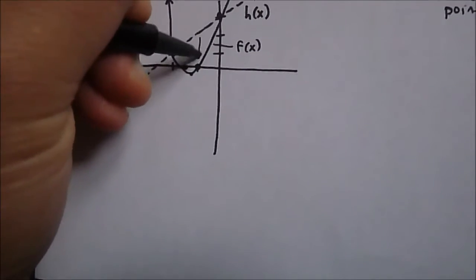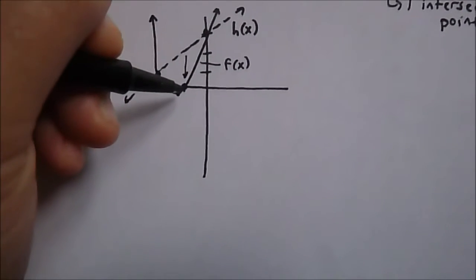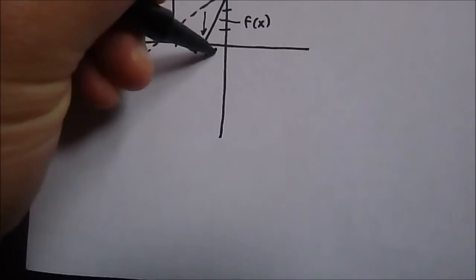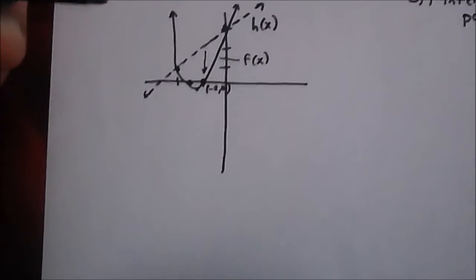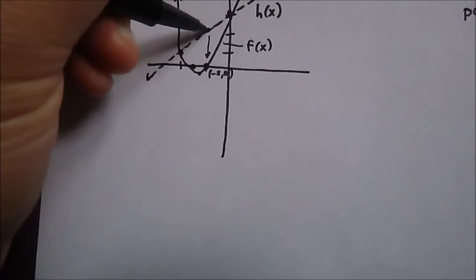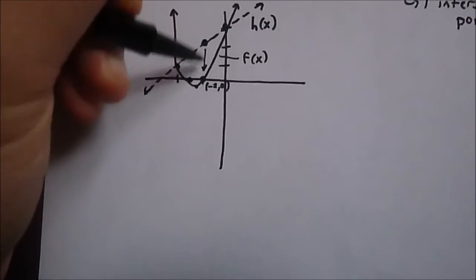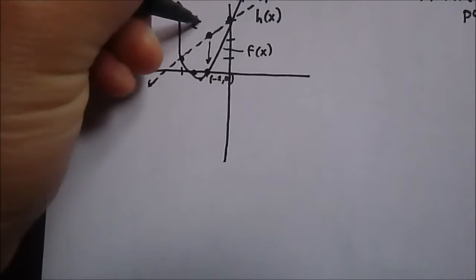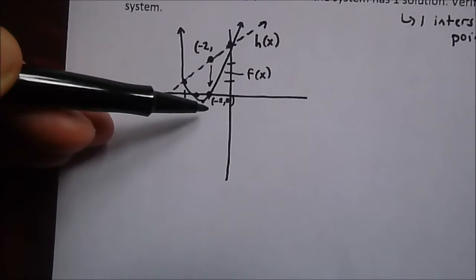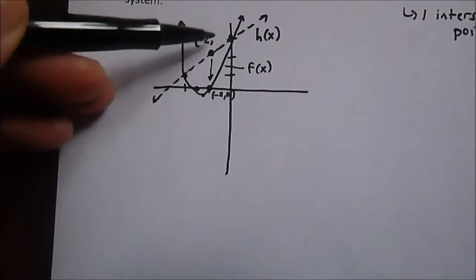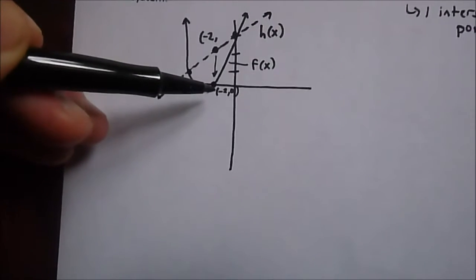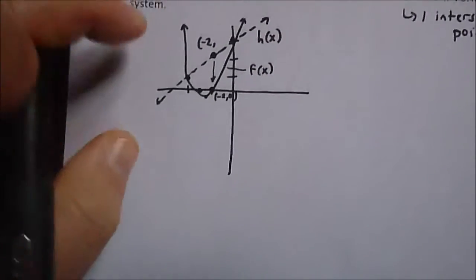The easiest thing for me to do is to translate h of x down until it touches this zero, which is at (-2, 0). So I'm going to figure out, I'm sorry, what is the y value that has the same x value as -2, so that I can slide down my graph along the line x equals -2, so that the line just touches the parabola at one place.